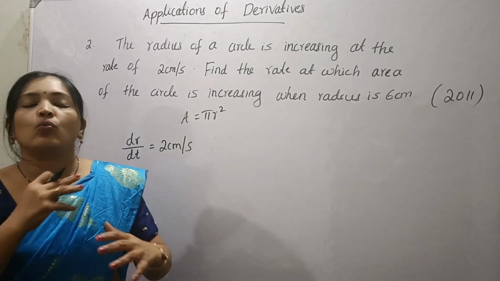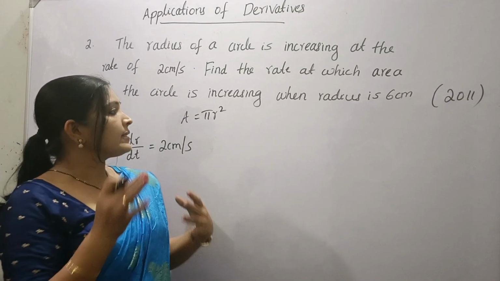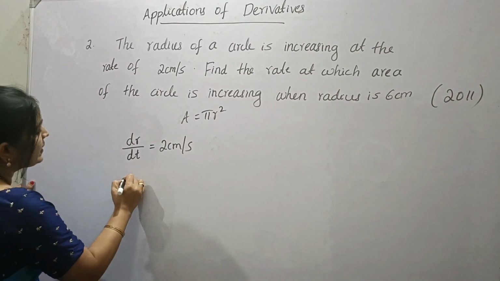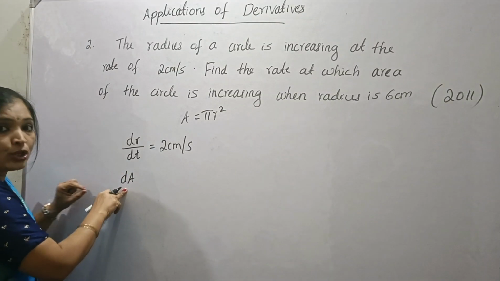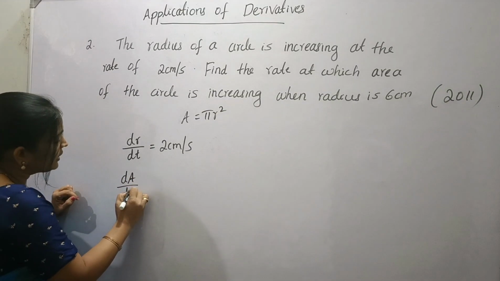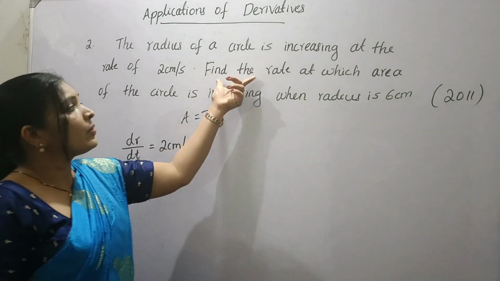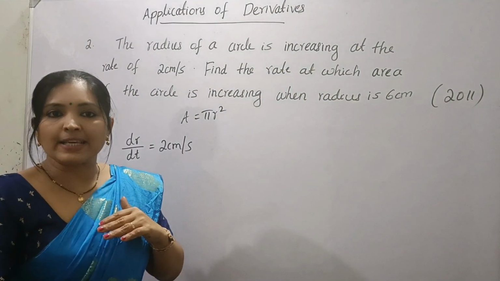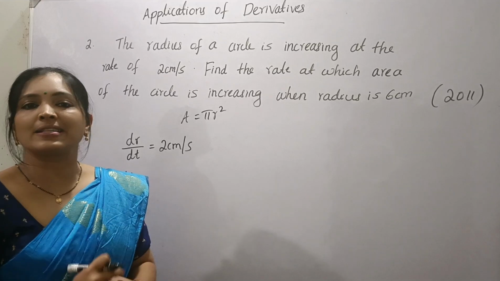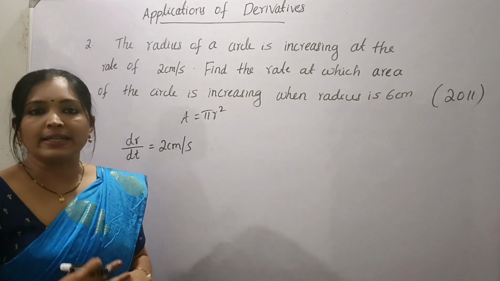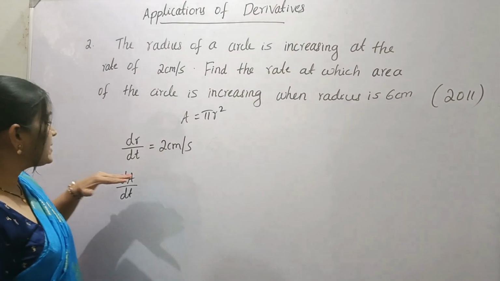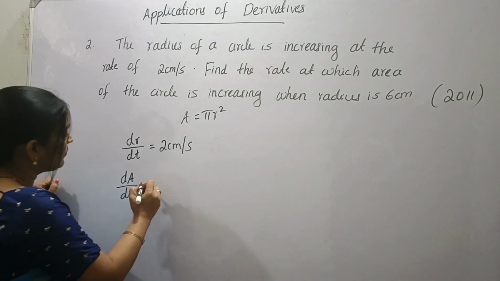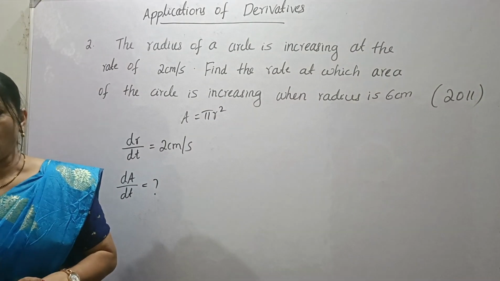That means the rate of change of area with respect to time, that is dA by dt. We have to find dA by dt.